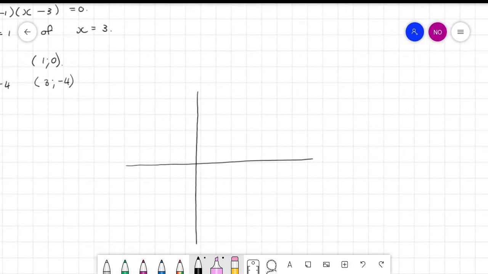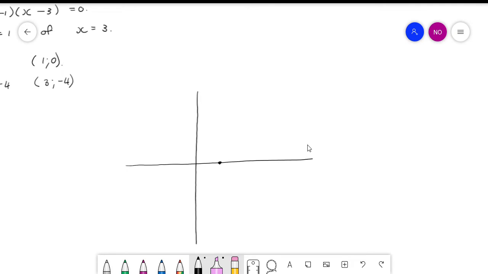So one of our turning points will be here at 1. And then our other intercept is at 4. Sê my dit saam. Intercept, not turning point. So my graph will look something like this.